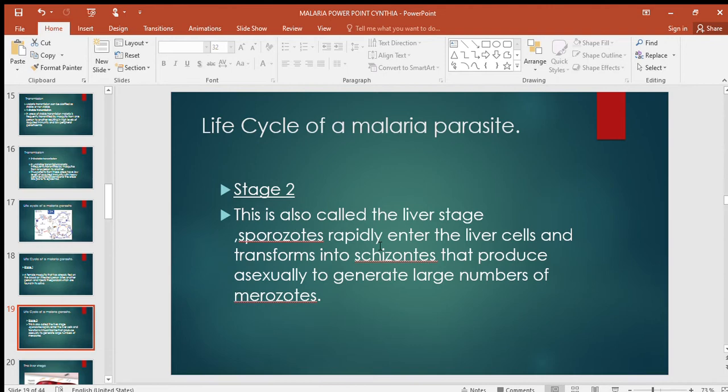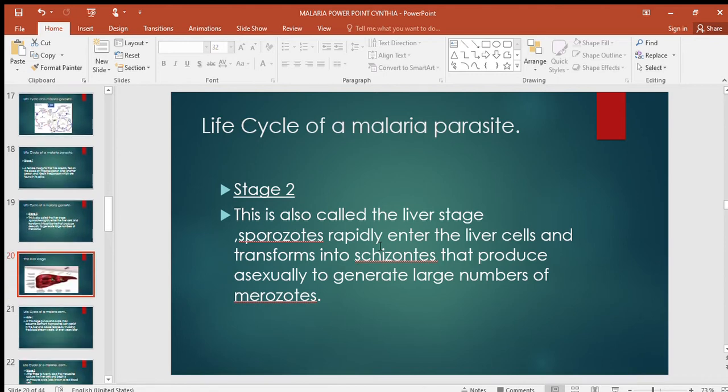They will develop into schizonts that reproduce asexually to generate large numbers of merozoites. So the sporozoites have now undergone further development to the stage where they have become merozoites. That occurs in the liver.